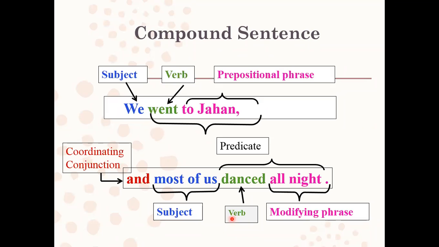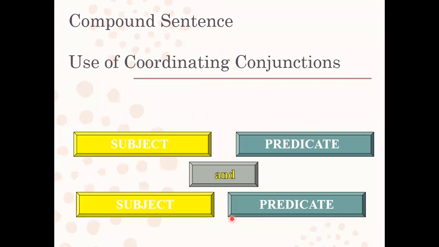So "we" is the subject. "Went to Jahan" is the predicate. In the second sentence, "most of us" is the subject, and "danced all night" is the predicate. So the structure of the compound sentence will be like that: subject, predicate, after that there will be "and", after that subject and predicate.